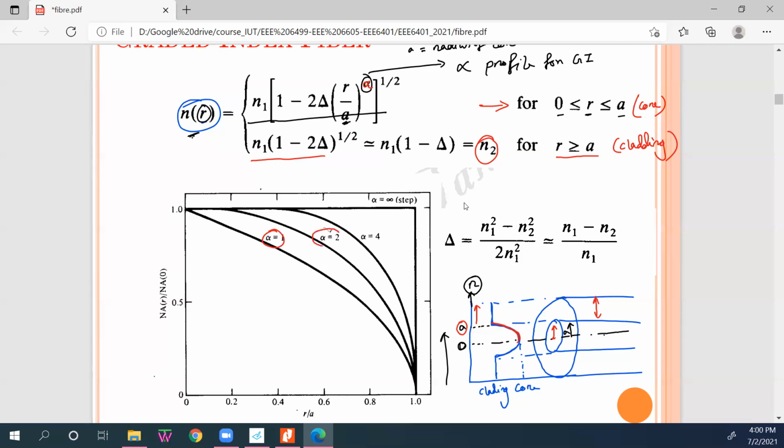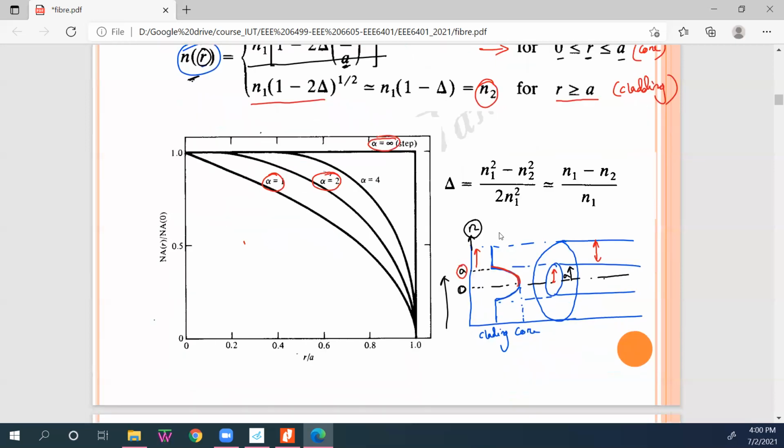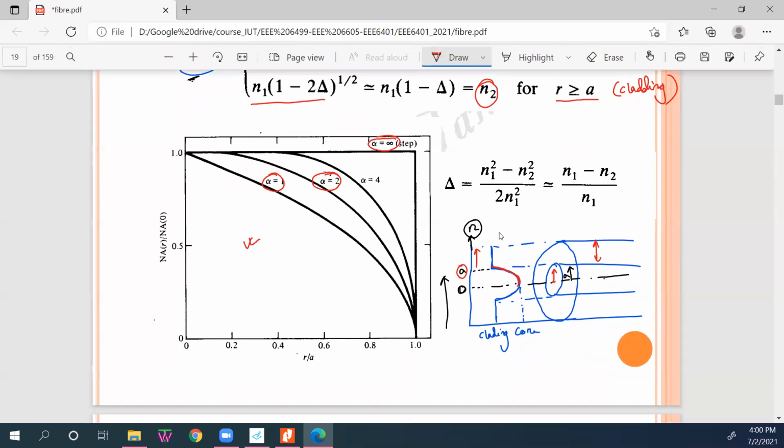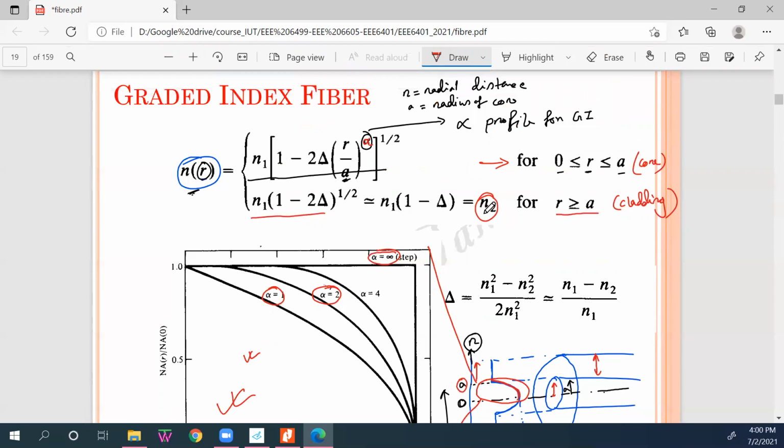If alpha is 2, it becomes the perfect parabola. If alpha becomes infinity, this becomes the step index. You see this profile is the half profile, zoomed in here. Understand? The small portion is zoomed in for simplicity of description.